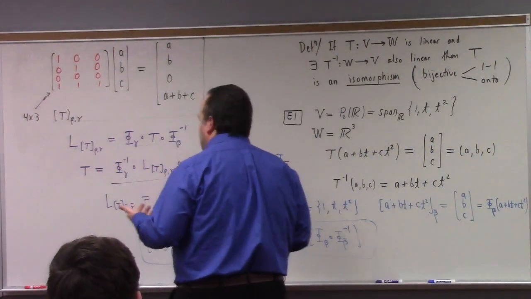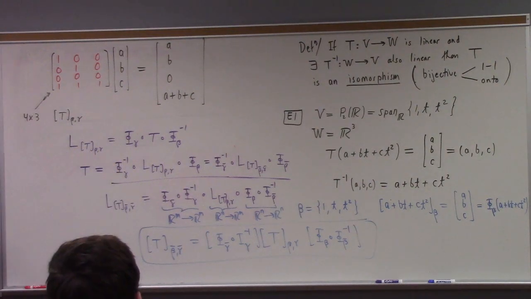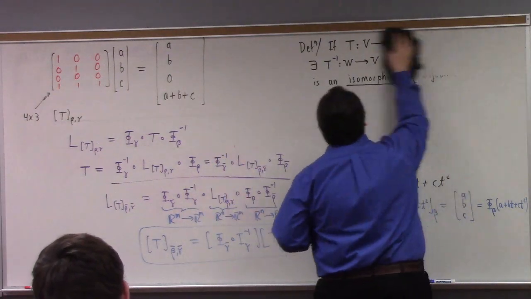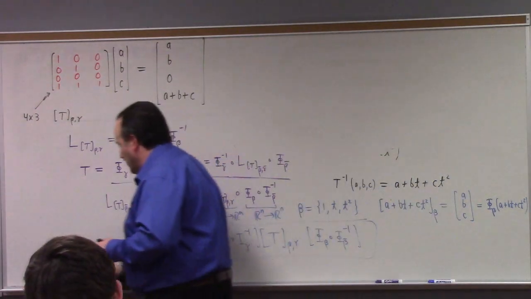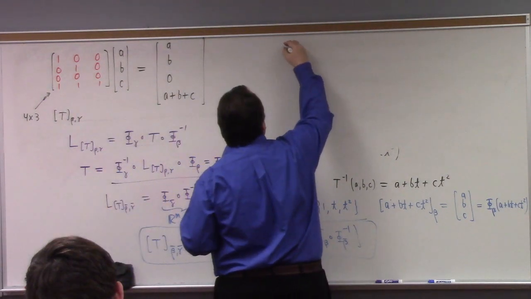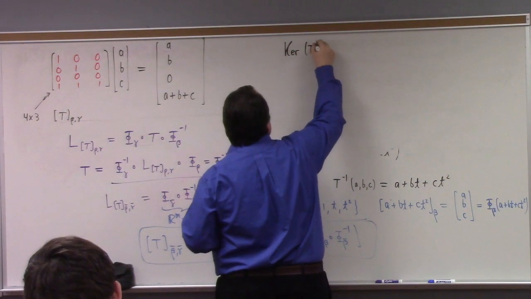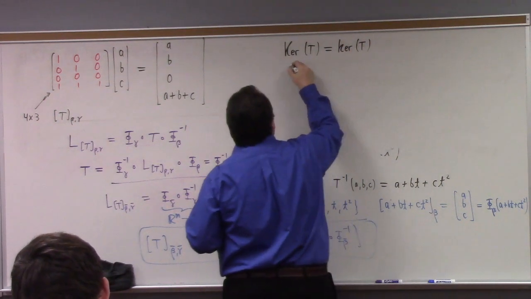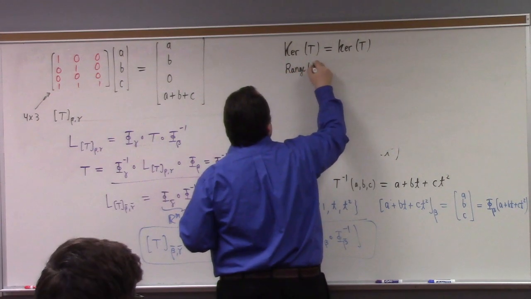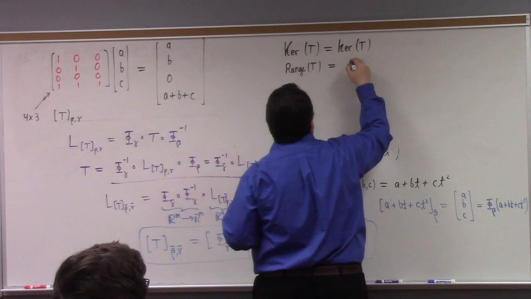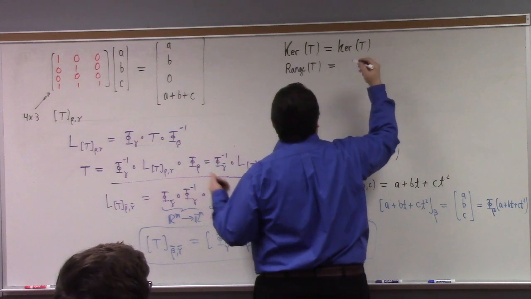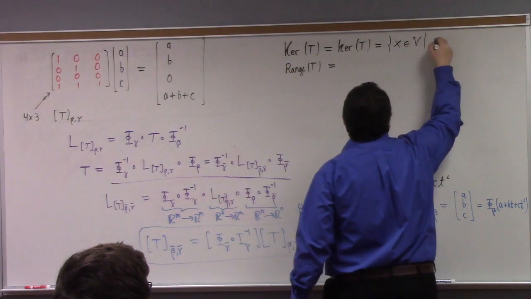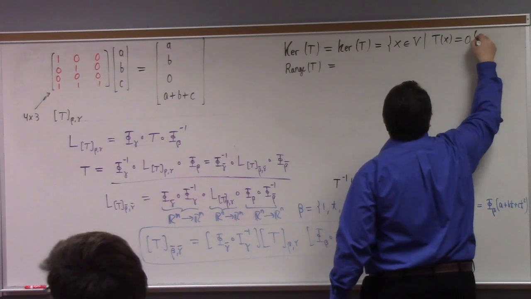For example, two important things about any linear transformation that you can talk about are the kernel of T, I think your book uses lowercase kernel, whatever, and the range of T, which I think your book just calls range of T. The kernel of T is x in V such that T of x equals 0.